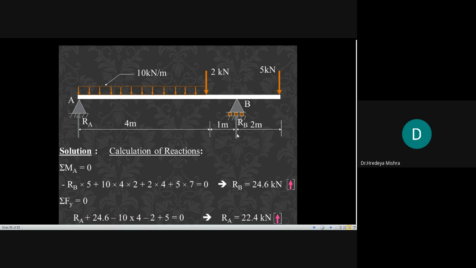And 24.6, that is RB, is positive. Minus 2 is downward, plus 5. Okay, so after the calculation, we get RA equal to 22.4. Reactions we get.